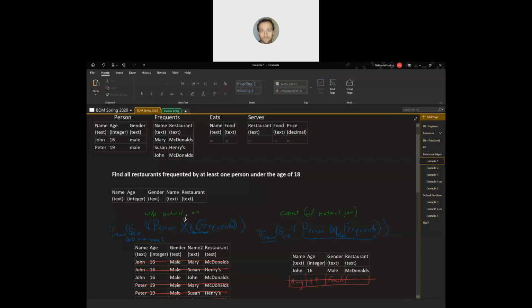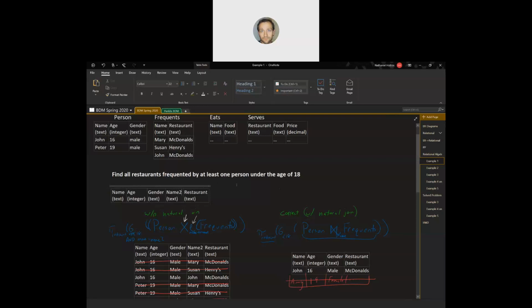This cross product, without the renaming, would result in a relation with this type of schema. The problem is that we don't have a way to differentiate between these two columns. So this is the reason for the rename operation here, where we're going to be renaming this to name2.